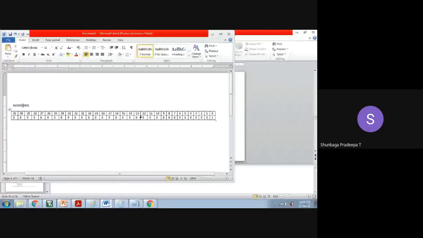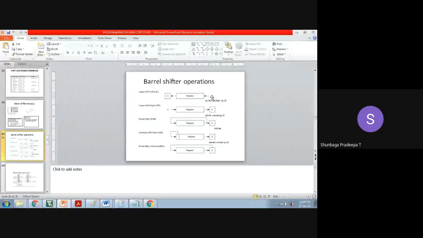So when I am doing a logical left shift, what happens? The LSB is filled with 0 and the bits are shifted. When I do one shift operation to the left, this 1 will be moved into the next position and all the other bits will be moved 1 bit to the left.